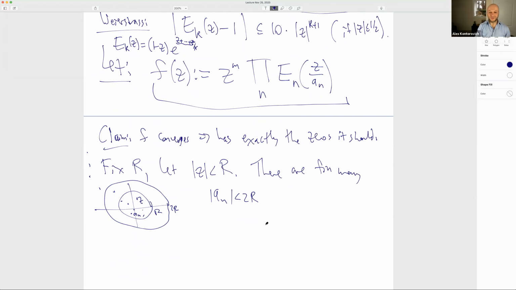Okay? Then f starts out as z to the m, and then a product over those n's for which a_n is less than 2r, e_n of z over a_n. That's just a finite product. And then there's the product that we're worried about, those n's for which a_n is greater than 2r, e_n of z over a_n.